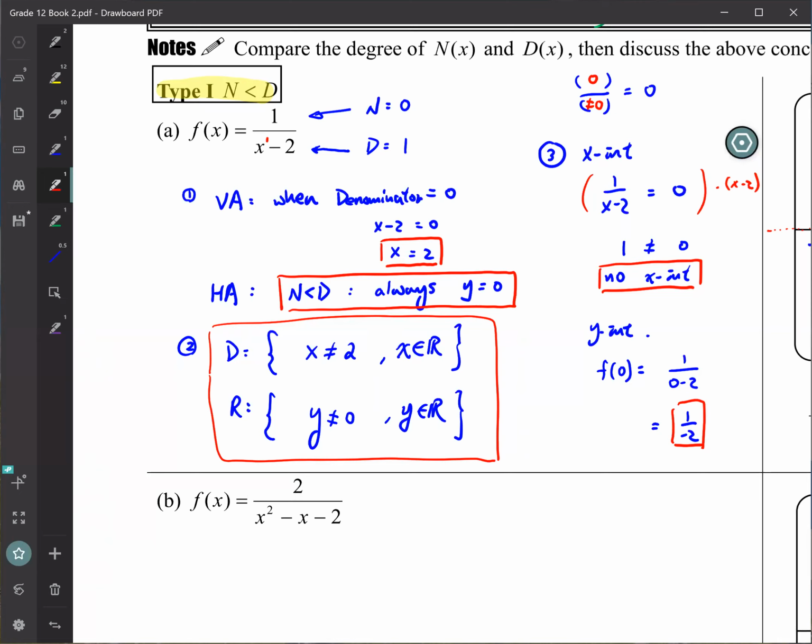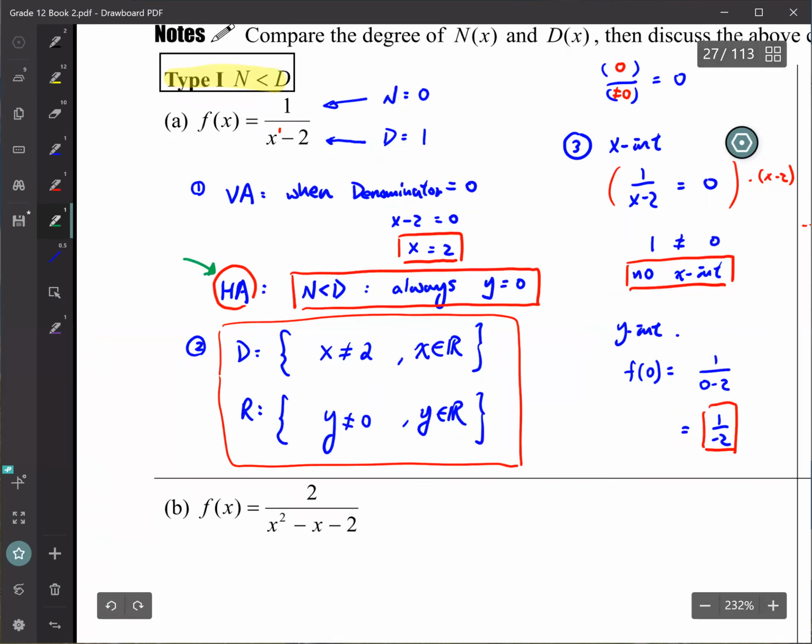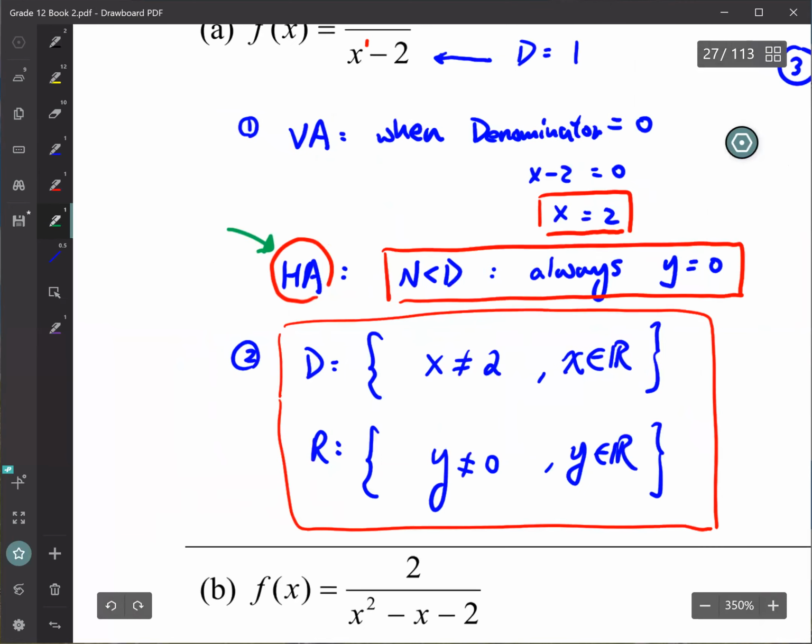So to find the horizontal asymptote, you can make a note here. The general rule for getting horizontal asymptote is to see what happens to y when x gets to infinity.